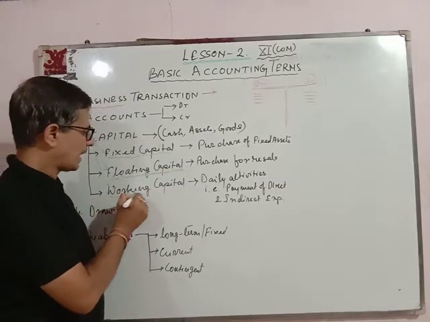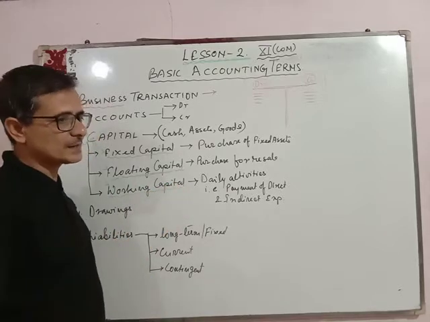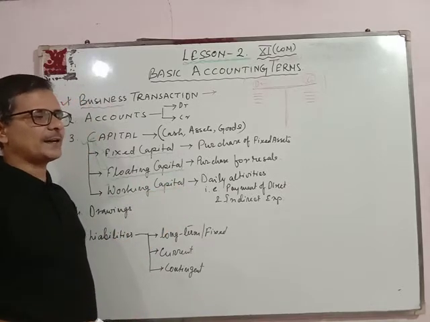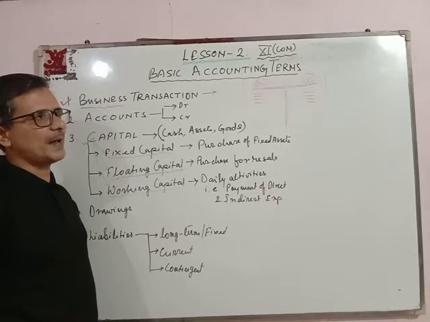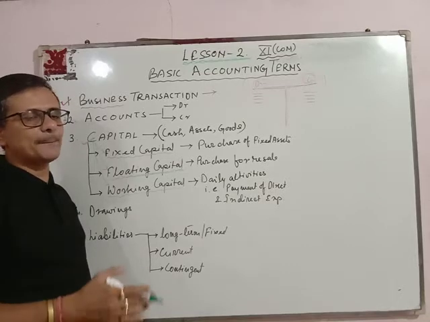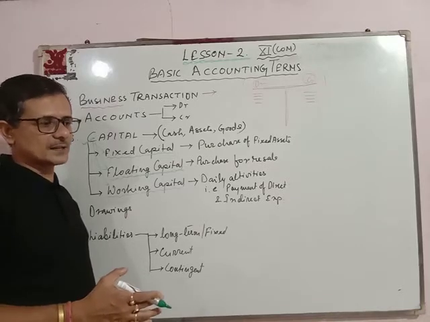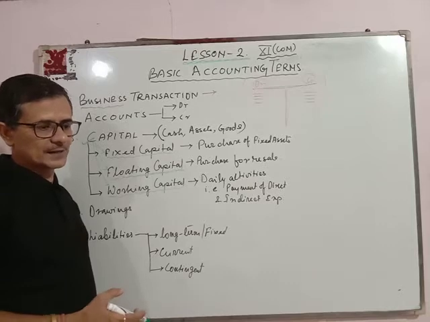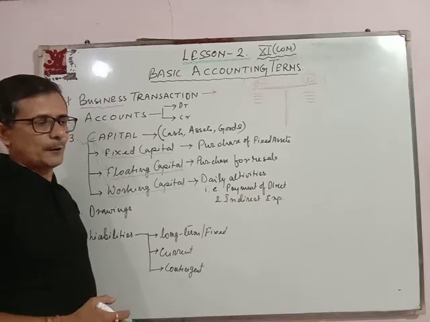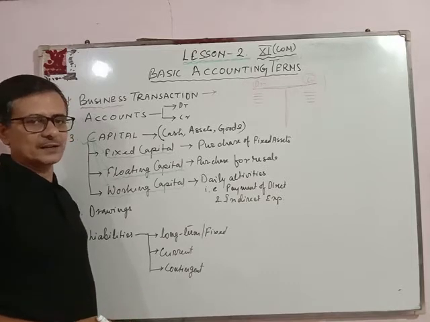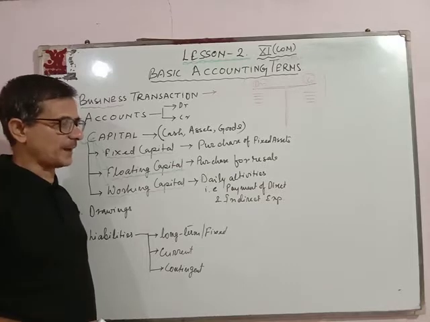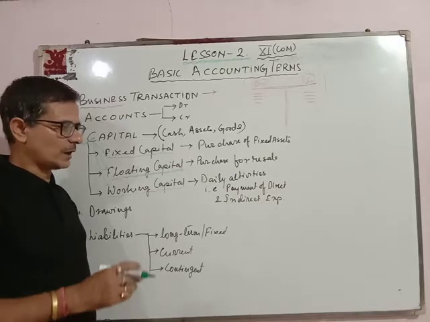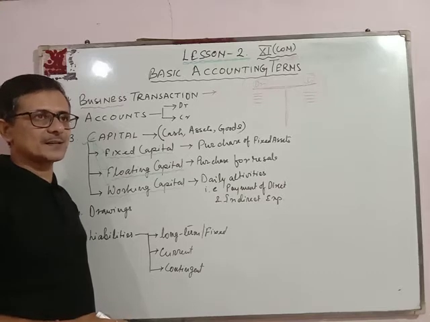Next is working capital. If you see in the business, you might have come across that a businessman keeps some money in his cash counter for daily transactions. He does little small direct or indirect expenses almost every day.